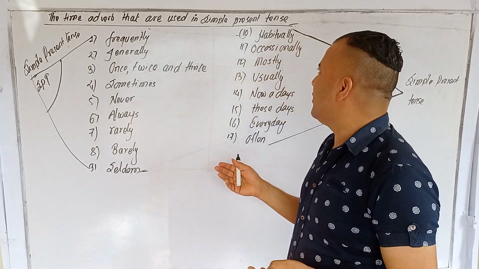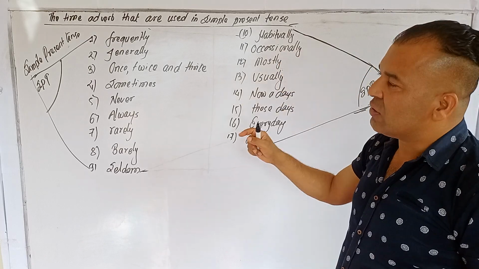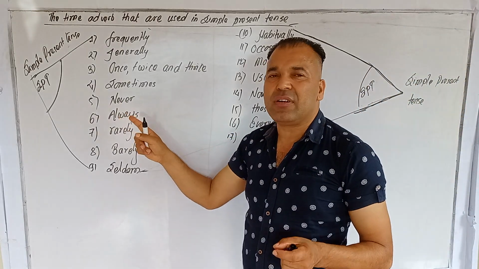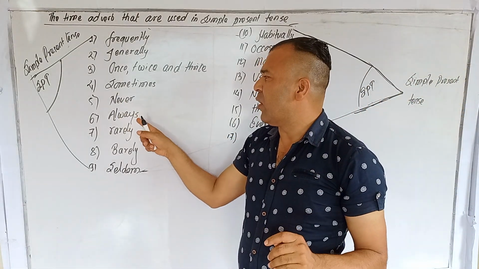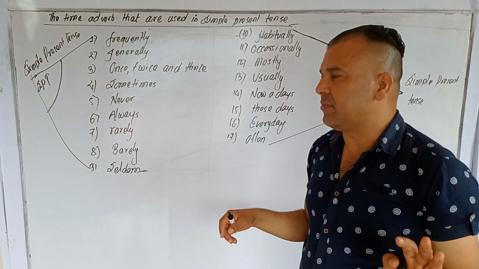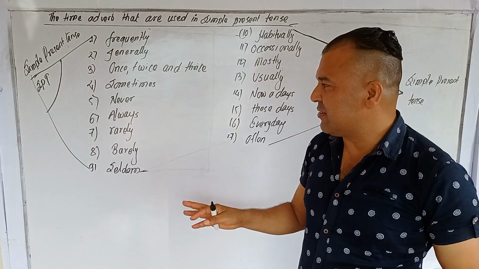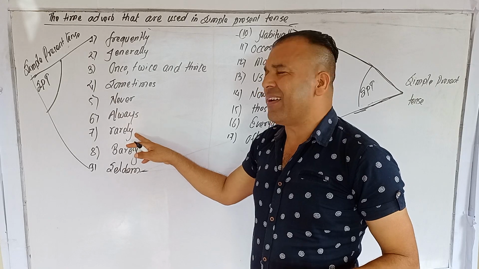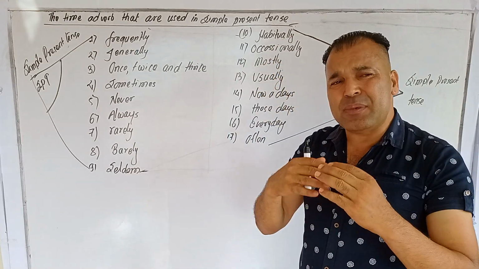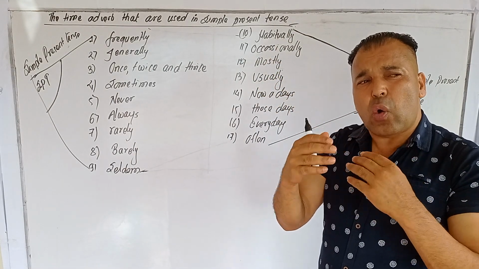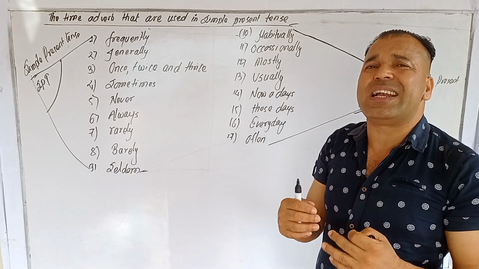Occasionally is also the same as sometimes. Never has a negative meaning. Always is 100%. Every time means 100%. Rarely and barely mean occasionally, or also seldom.